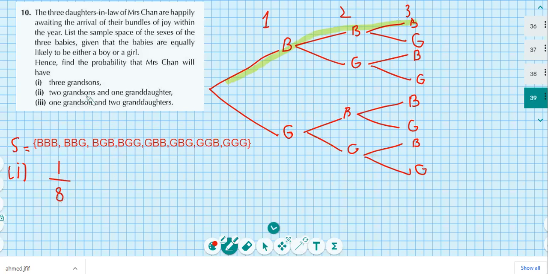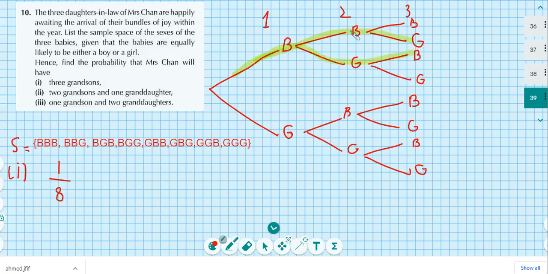Part 2, two grandsons and one granddaughter. Two grandsons, so boy, and one daughter. So the first branch is boy, girl. Second one is boy, girl, and boy.